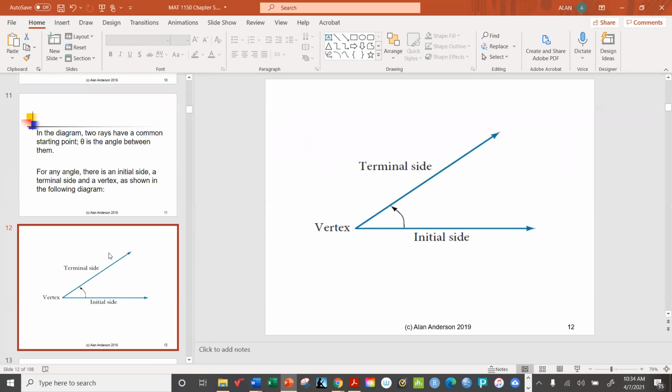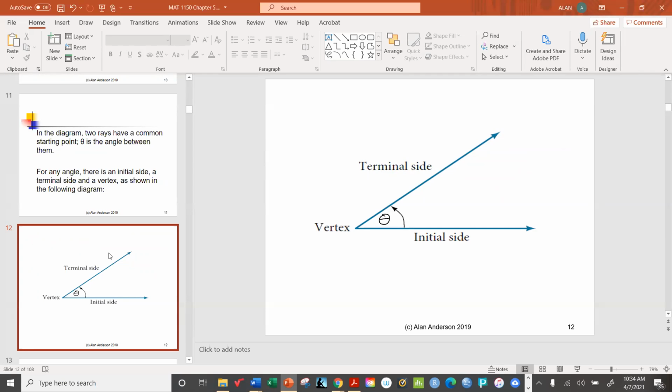This is a triangle. Obviously, this is an angle of some kind. And so here we have the angle theta. And there's what we call an initial side, and there is a terminal side. And the vertex is where they come together.